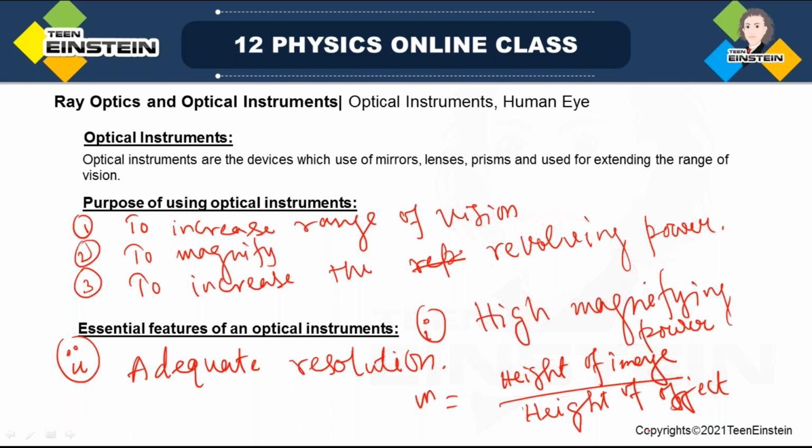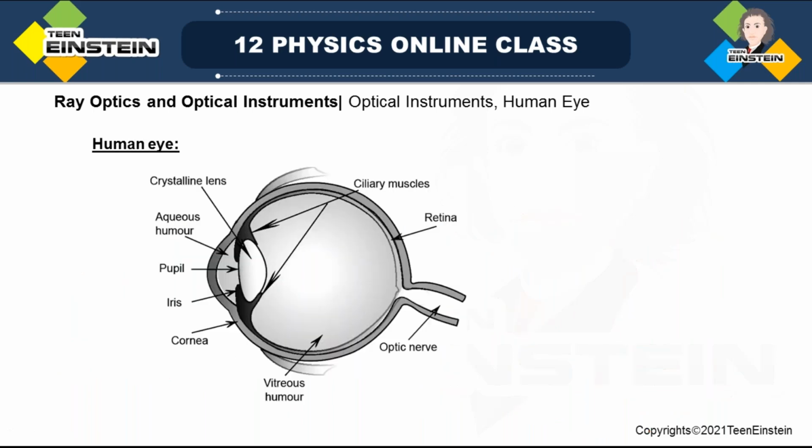So if the height of image is large, then magnification will be more. If the height of object is very, very small, then also the magnification will be more. The height of image is remaining same anyway.